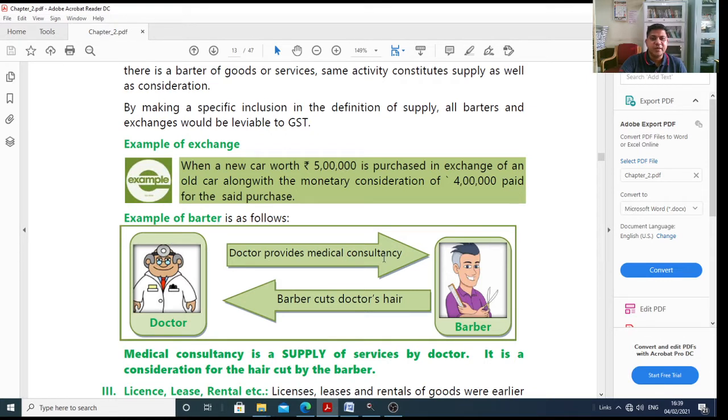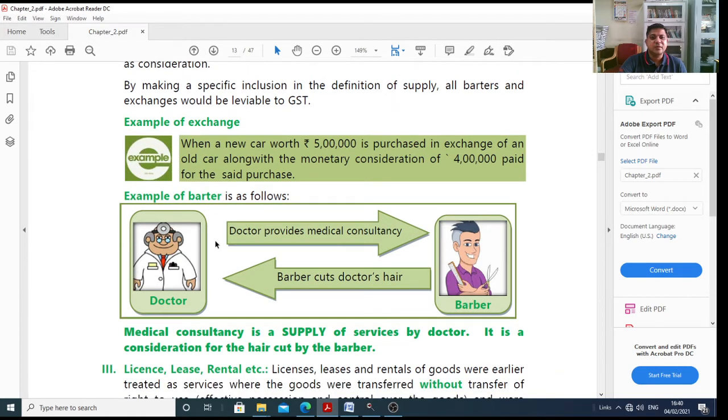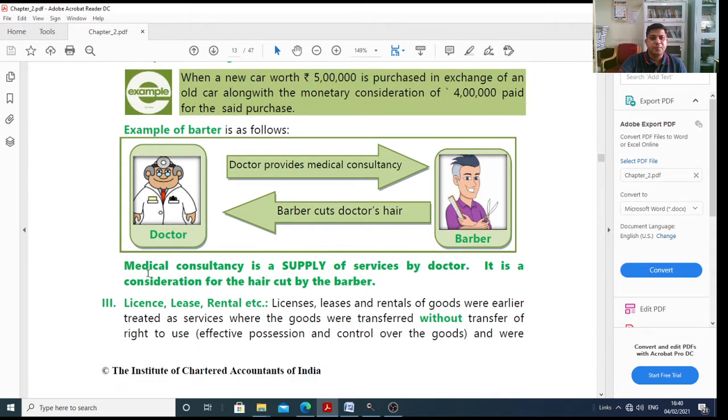A doctor provides medical consultancy and a barber cuts the doctor's hair. So it is also supply, and it is a barter system. Medical consultancy is a supply of service by the doctor, and it is the consideration for the haircut by the barber.